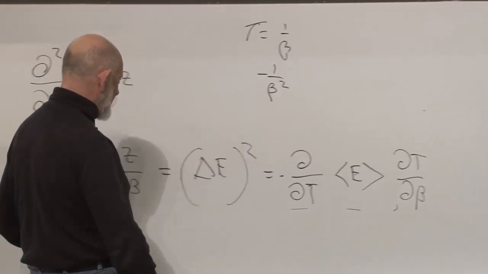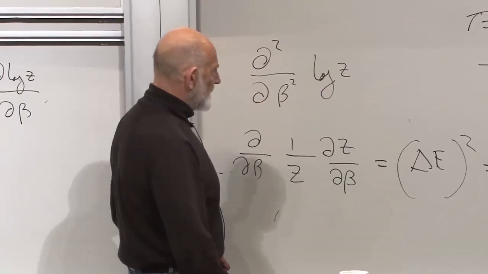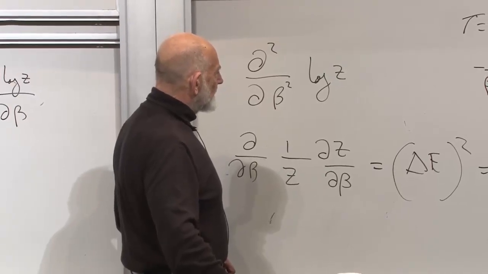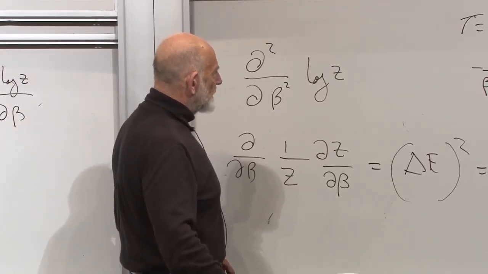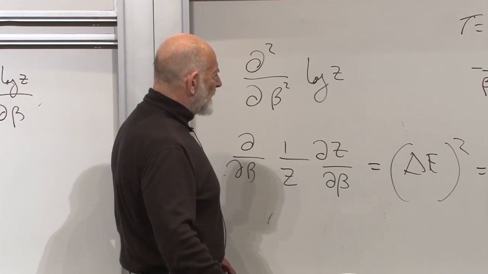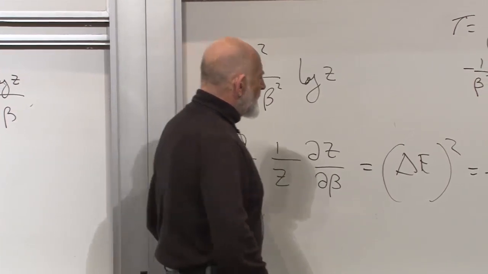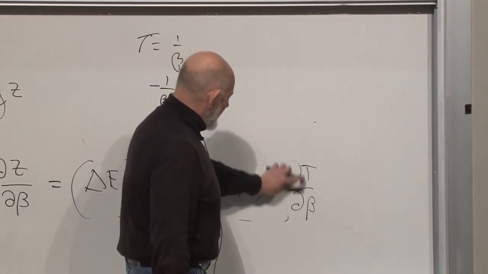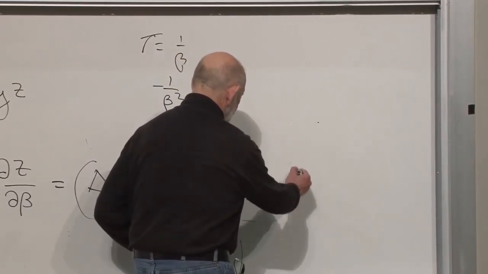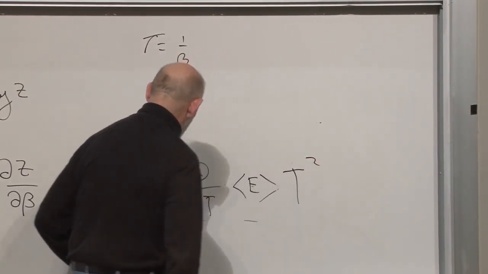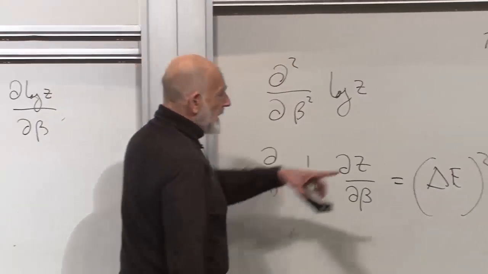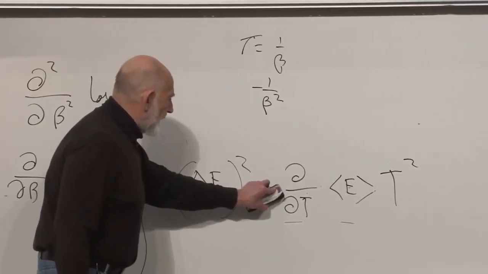That's dT by d beta, which is temperature squared. Do I have that right? Yeah. I don't have these things memorized, but I think that's right. Temperature squared, there was a minus sign, so the minus sign goes away.